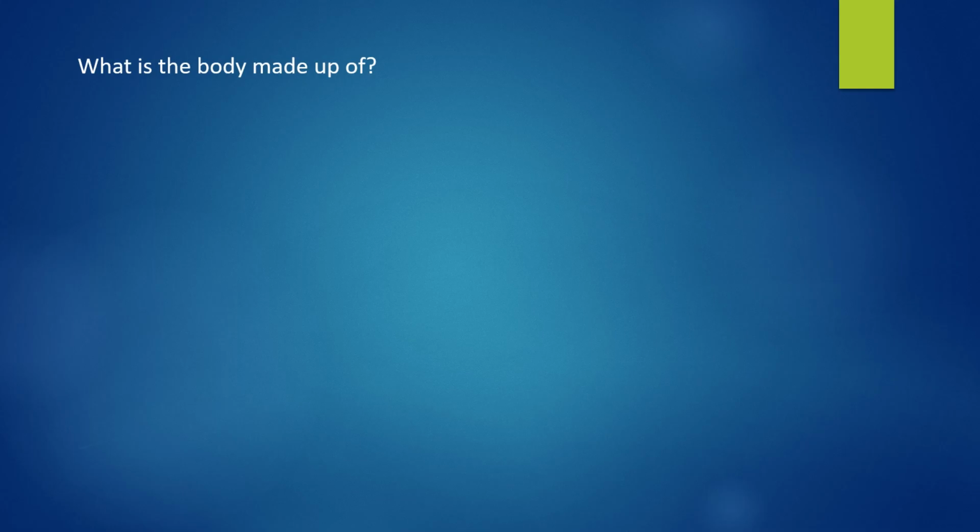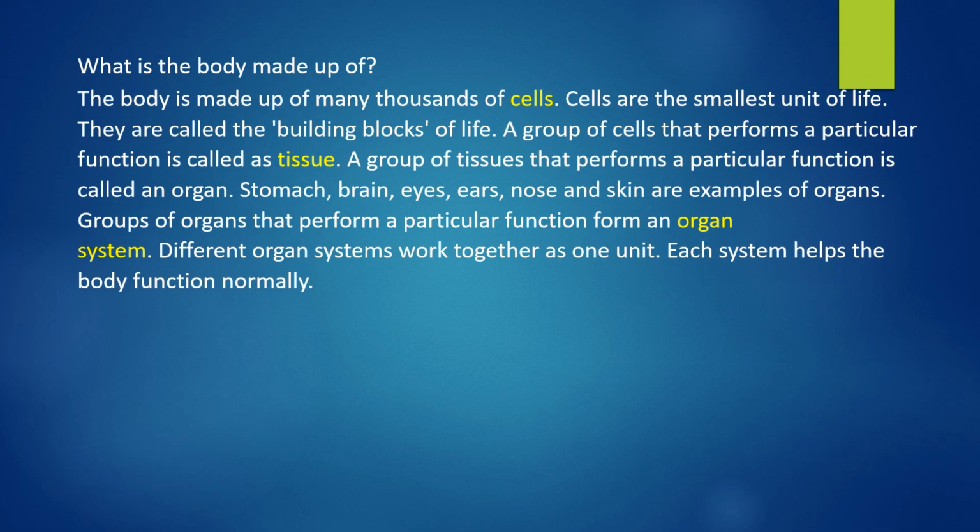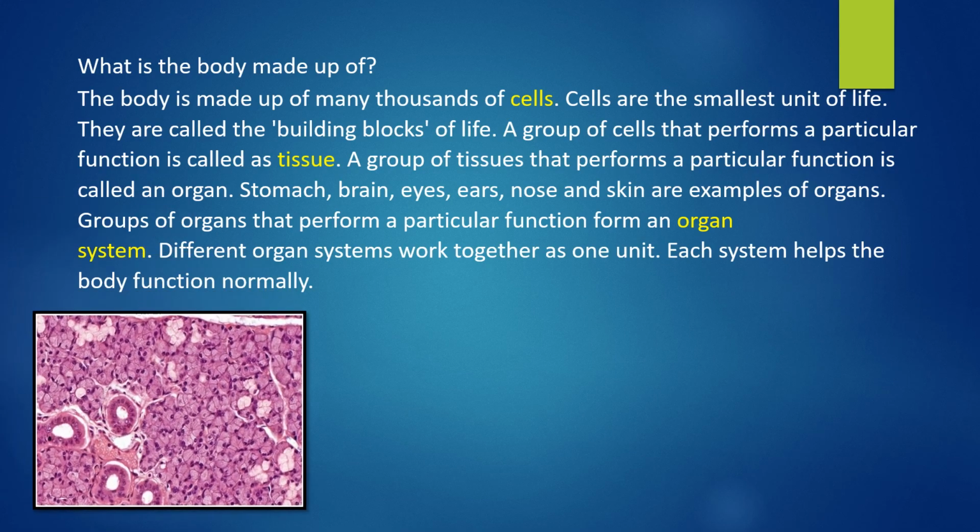What is the body made up of? Let's learn about that. The body is made up of many thousands of cells. Cells are the smallest unit of life. They are called the building blocks of life. A group of cells that performs a particular function is called a tissue. A group of tissues that performs a particular function is called an organ.